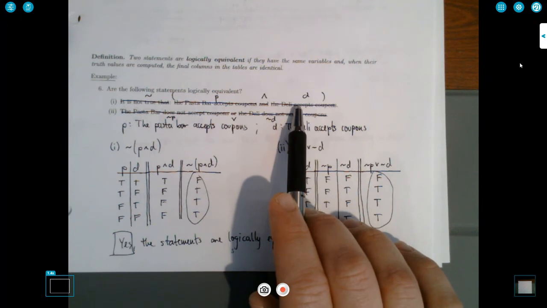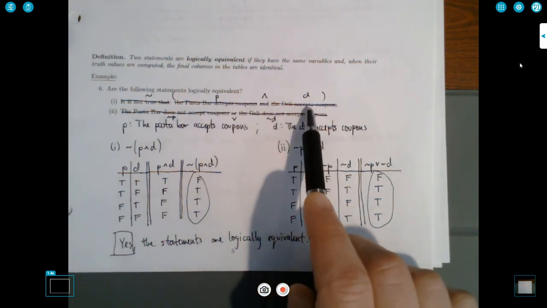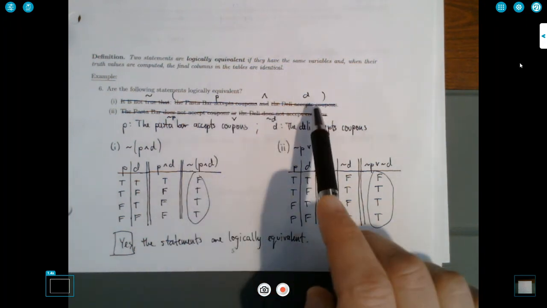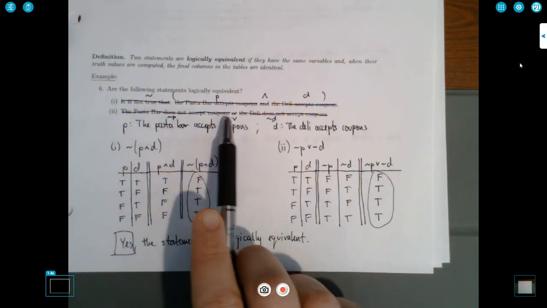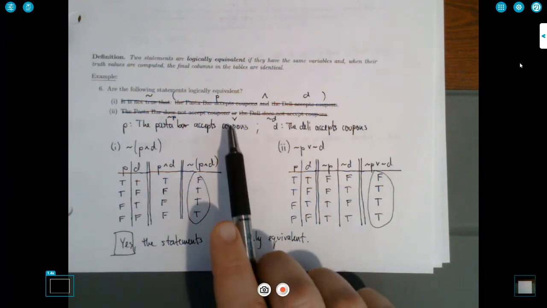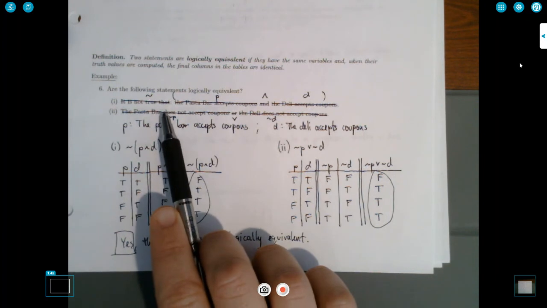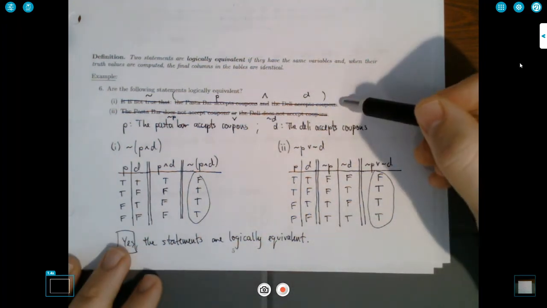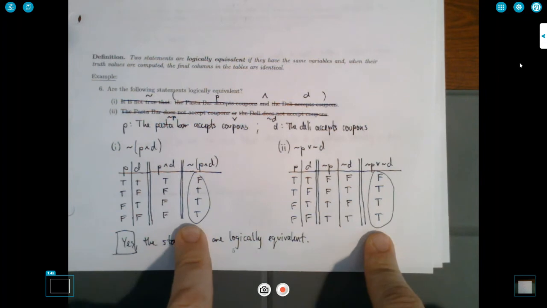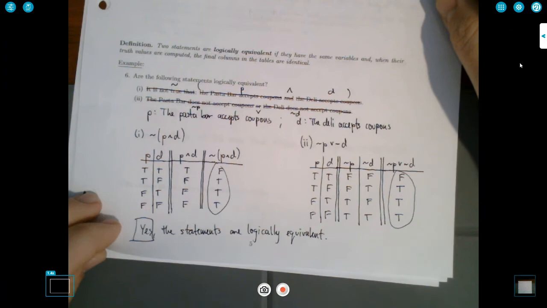So in other words, it could be that not P or not D or both. Well, that's exactly what this says, right? The pasta bar does not accept coupons, or the deli does not accept coupons. And when we use or logically, it's the inclusive or. So that means not this or not that or both. So yeah, it makes sense that these two statements are saying the same thing, and you can see that now in the logic tables. Okay, so the statements are logically equivalent.